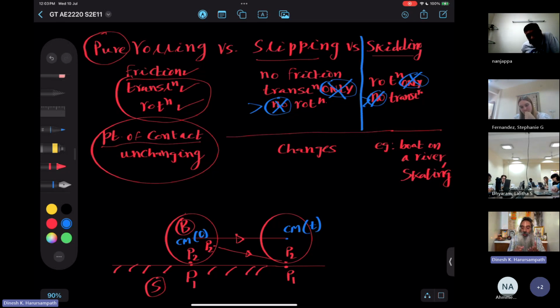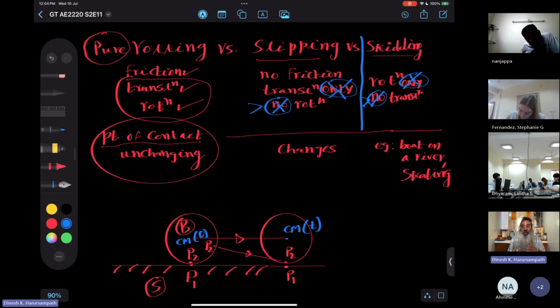Okay, so when either of these happens, either slipping or skidding, then you are essentially continuing to have roll. In other words, it's not that rotation has completely disappeared even in slipping, but just that its contribution to the overall motion is smaller in nature.